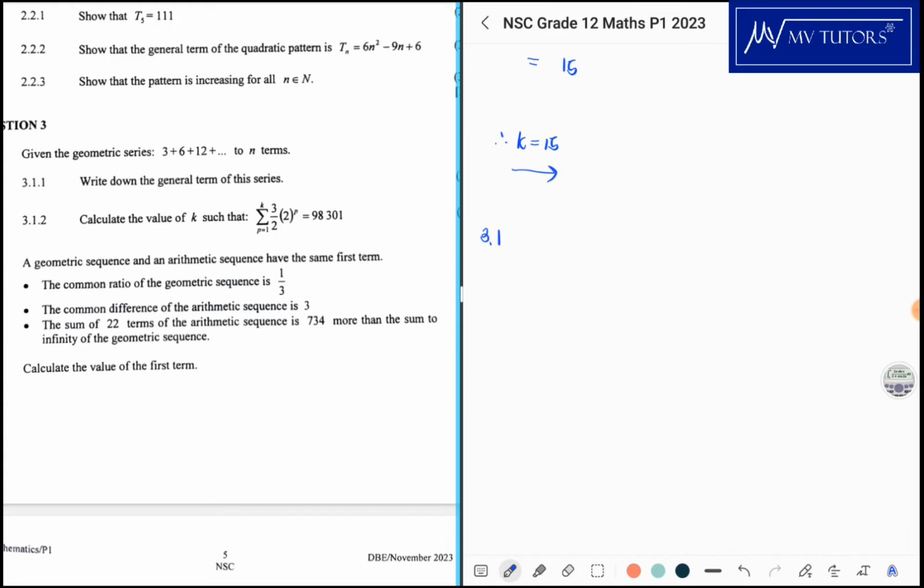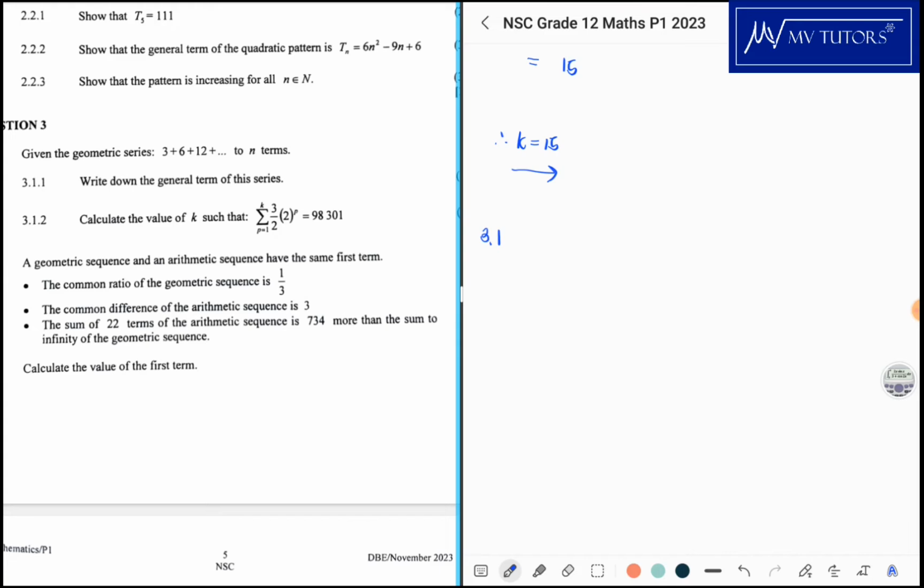The sum of 22 terms of the arithmetic sequence is 734 more than the sum to infinity of the geometric sequence. Okay, so a lot has been said. How can we then just try to simplify it for ourselves?